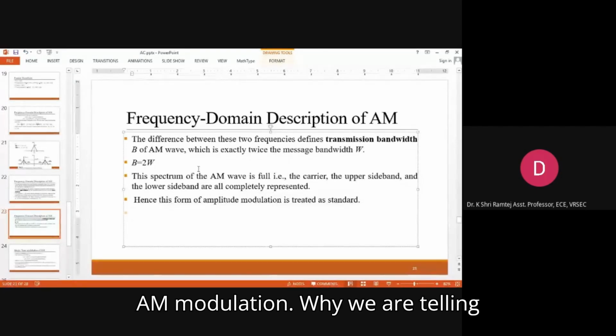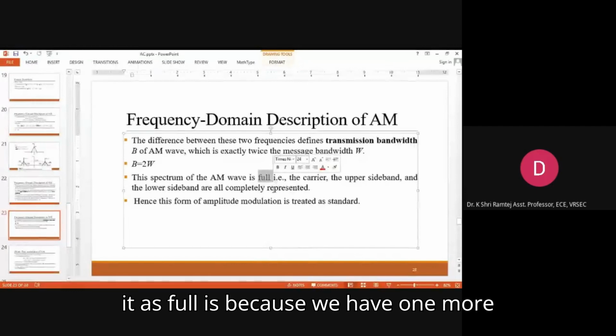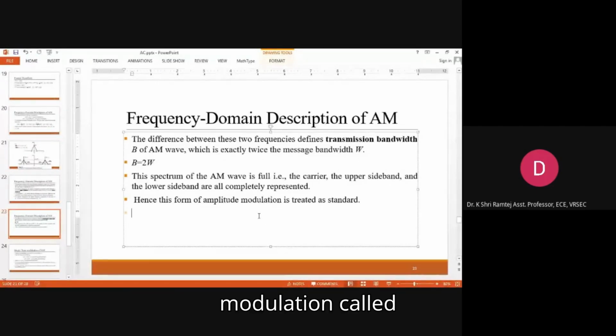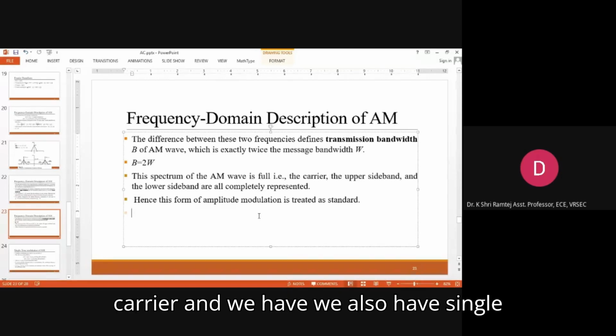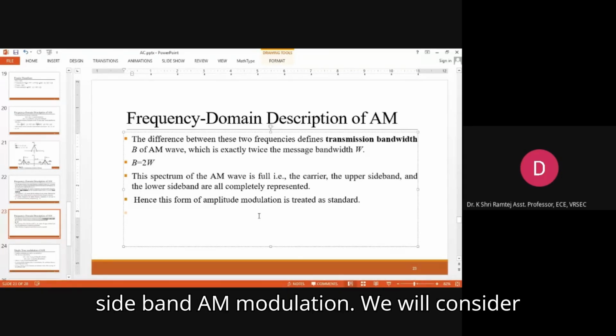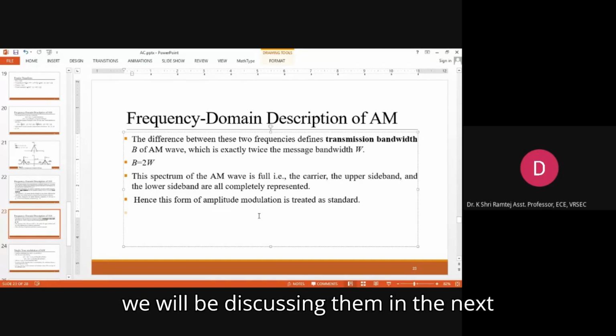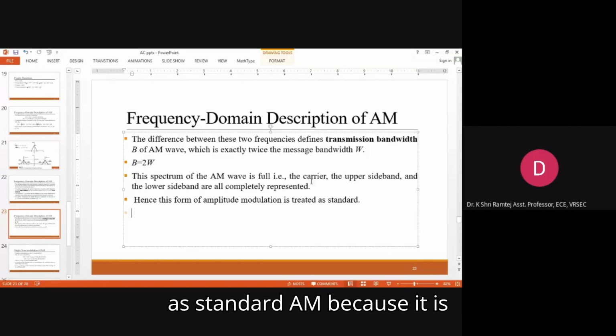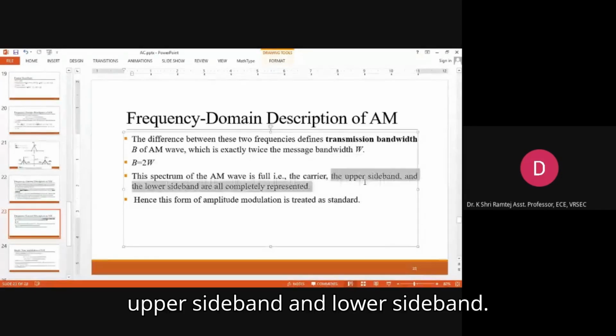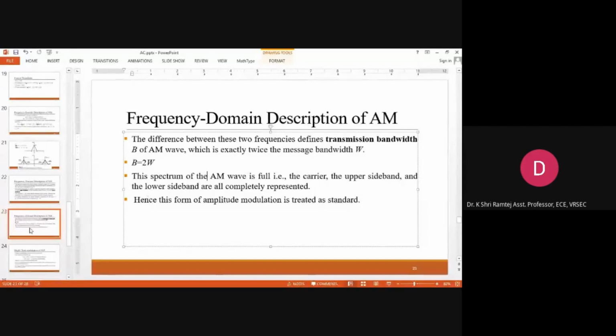Why we are saying it is full is because we have one more modulation called DSB-SC, meaning double sideband suppressed carrier. In that, we will be removing the carrier, and we also have single sideband AM modulation. We will be discussing them in the next lectures. So this form of AM is called standard AM because it has the carrier, upper sideband, and lower sideband.